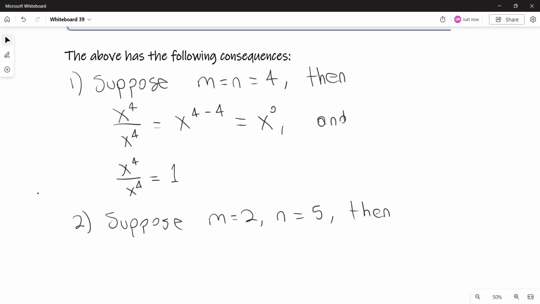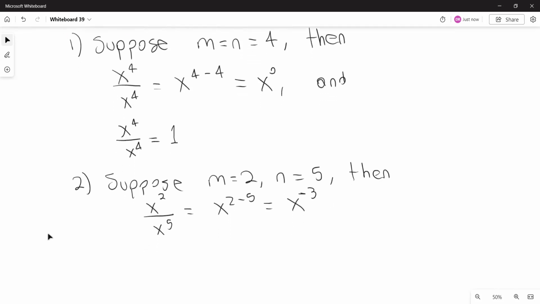Then, using the quotient rule, x squared over x to the 5th is x to the 2 minus 5, or x to the negative 3rd power. But on the other hand, if we use the definition of exponent, x squared over x to the 5th is a product of 2 x's over a product of 5 x's.